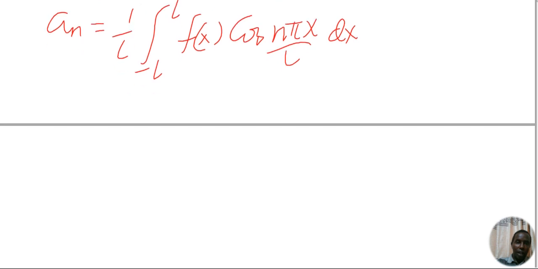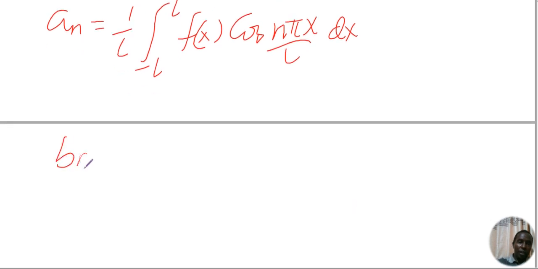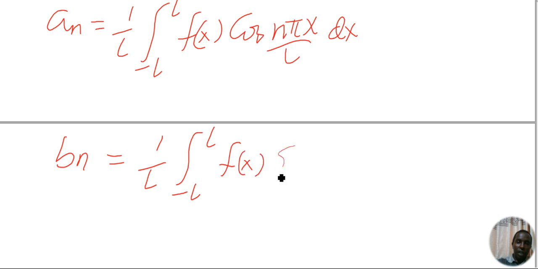And lastly we have bn, which is equal to 1 over L, integral from minus L to L, f of x sine of n pi x over L dx.